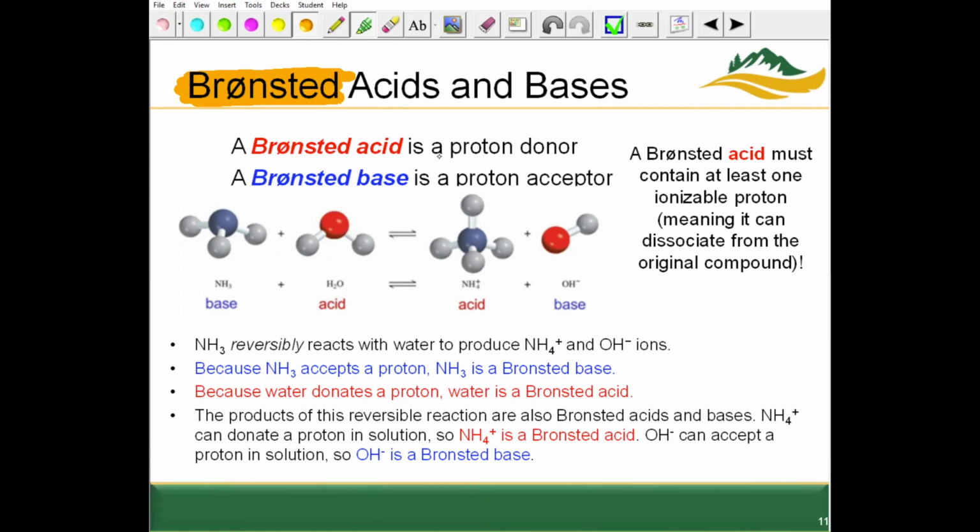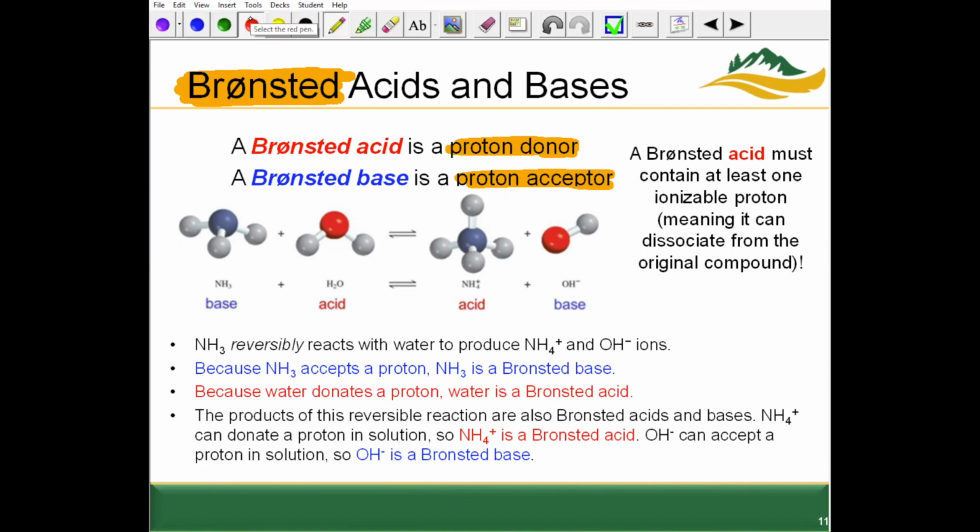A Bronsted acid is defined as a substance that is a proton donor. A Bronsted base is defined as a substance that is a proton acceptor. Nothing to do with OH- ions, just the fact that Bronsted acids donate protons and Bronsted bases accept protons.